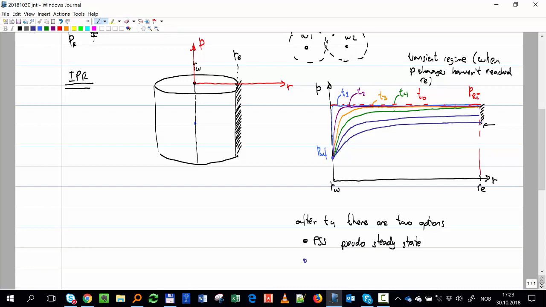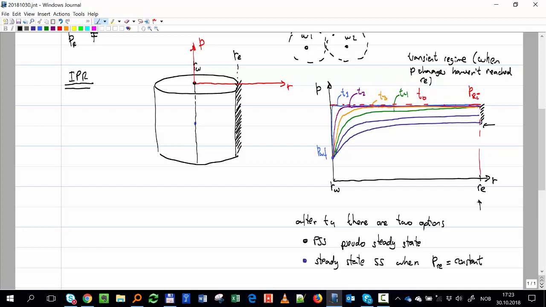Or I have another option, which is simply the steady state. In steady state, for some reason, the pressure at RE is kept constant.